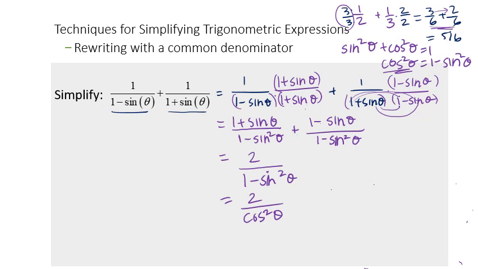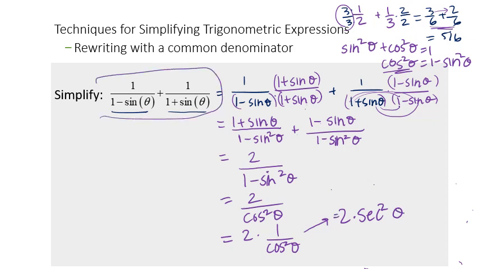This is the same thing as 2 times 1 over cosine squared theta. Well, what is 1 over cosine theta? Secant. So I can rewrite that as secant squared theta. Okay? So I took something that was super gross and wrote it into something. It's still, I mean, it's math. Let's be real. It's trig, so it's still not pretty, but it's way simpler.